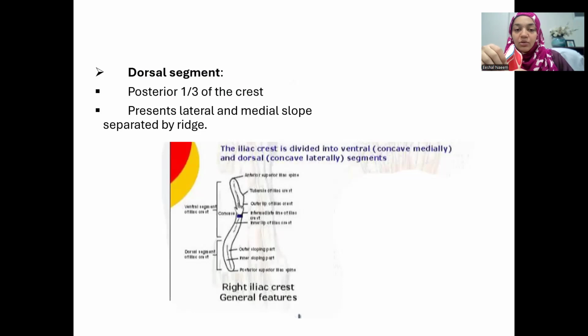And then you have the outer lip of the iliac crest, the inner lip of the iliac crest. The ventral segment is a little concave, as you can see, and then the dorsal segment is a little convex outside, right? So the dorsal segment or the posterior segment is outward sloping, and the anterior segment is inward sloping, right?